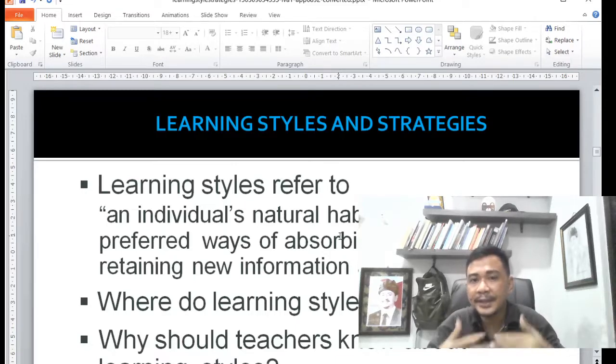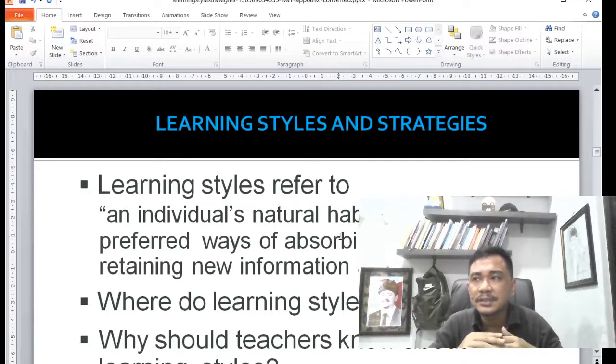Absorb means you take. When someone is talking in front of you, you grab the idea. People have different ways of grabbing the idea. That is absorbing.